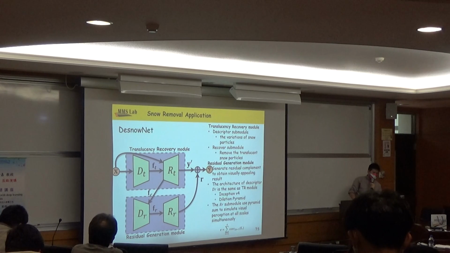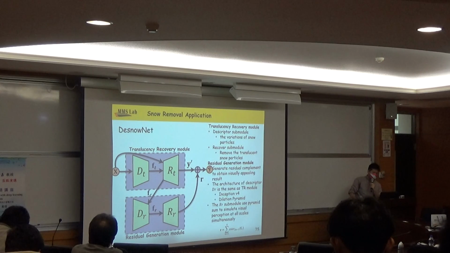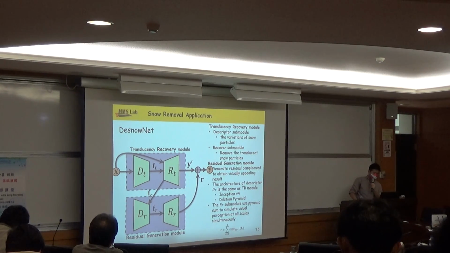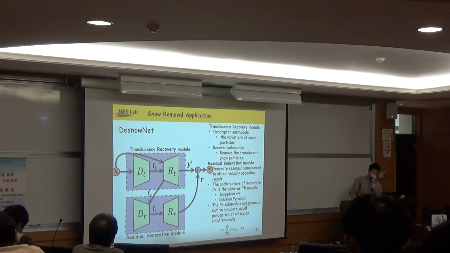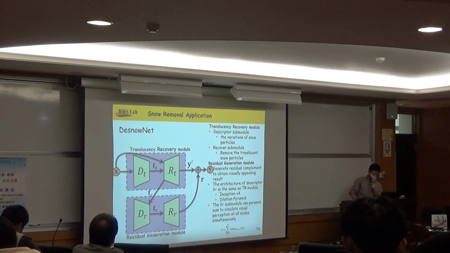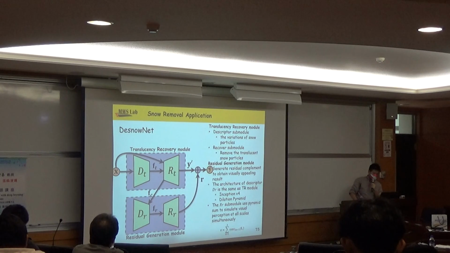I use different descriptions in the network and use the variant of the small particles. The second part is the recovery model to remove the translucent snow particles. After that, we can remove about 80% of the snow, but we will have some residual, so we use a residual generation module with a discriminator called DR, the same as TR too.